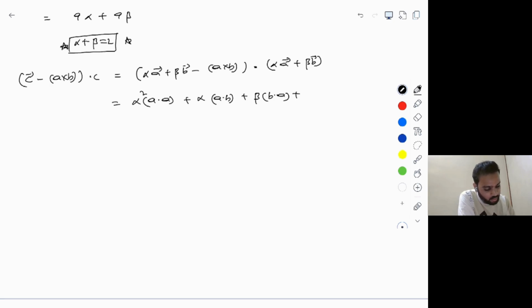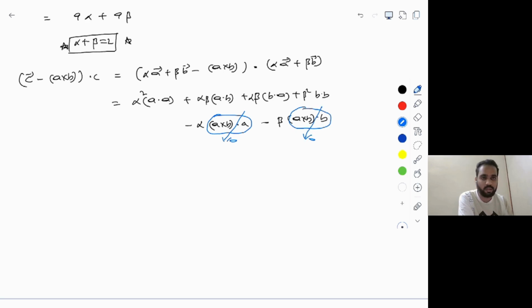Alpha square into A dot A plus alpha beta into A dot B plus again alpha beta into A dot B plus beta square into B dot B. And then if you look at the remaining terms, you're going to get alpha times A cross B dot A and minus beta times A cross B dot B. Okay. But very clearly, we know that this A cross B dot A is going to be 0. Similarly, A cross B dot B is also equal to 0 because they will be coplanar, right?